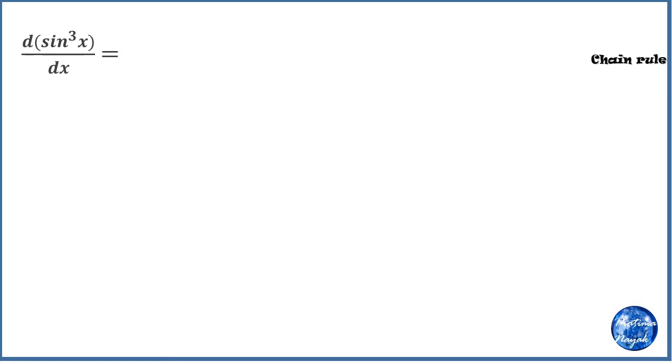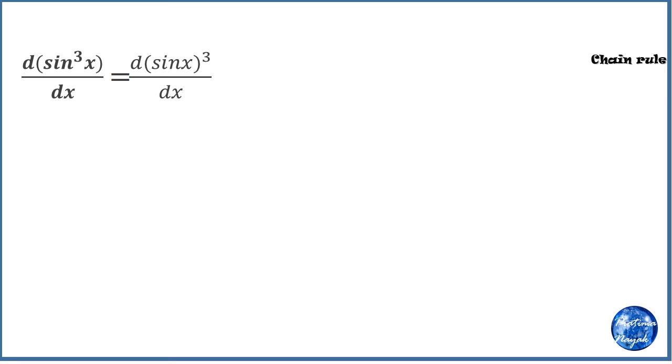In the same way you can do for sine cube x. Sine cube x means sine x whole cube. So the outer function is x cube and inner function is sine x. What is the derivative of x cube? It is 3x square.